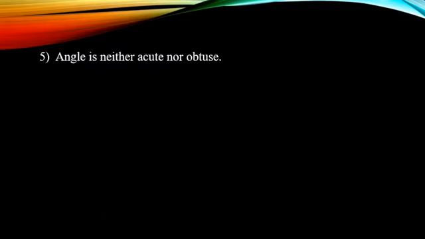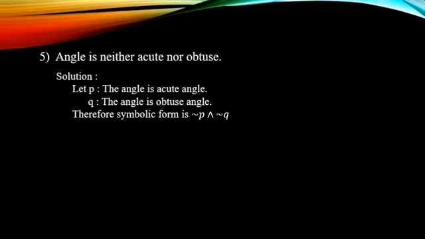Question number 5. Angle is neither acute nor obtuse. In this compound statement, there are two simple statements. First simple statement is angle is acute, and second one is angle is obtuse. So our answer is, let P denote angle is acute, Q denote angle is obtuse.